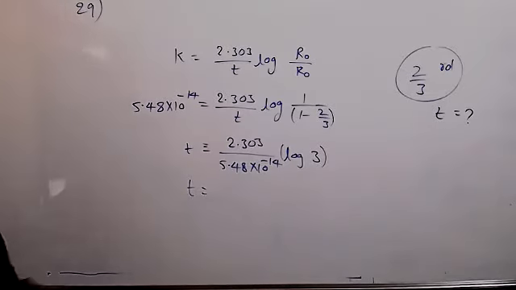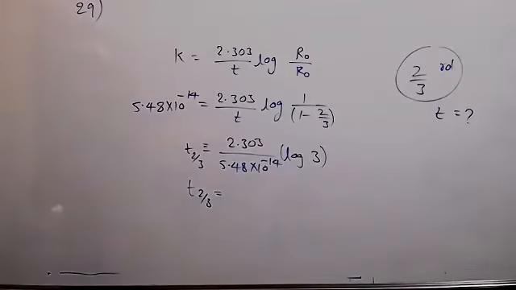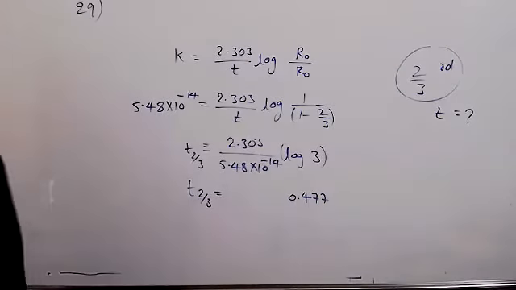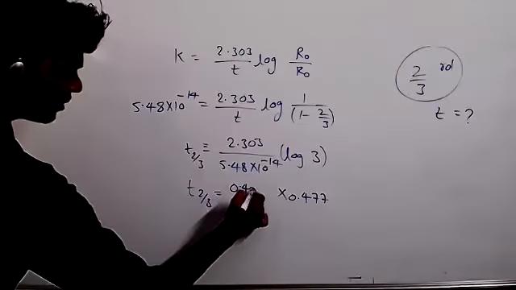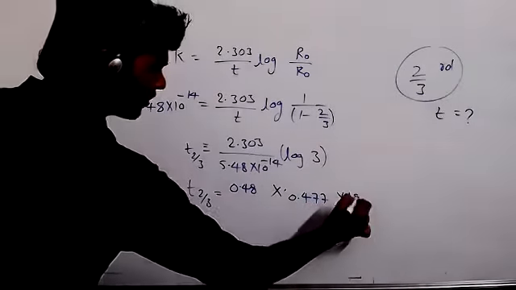So here we'll get T 2 by 3 value. Log 3 value is 0.477. 0.48 into 0.477 into 10 power 14 plus 14.